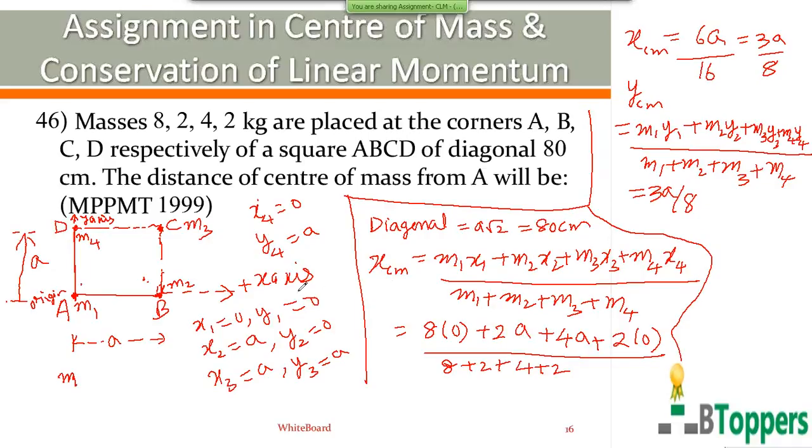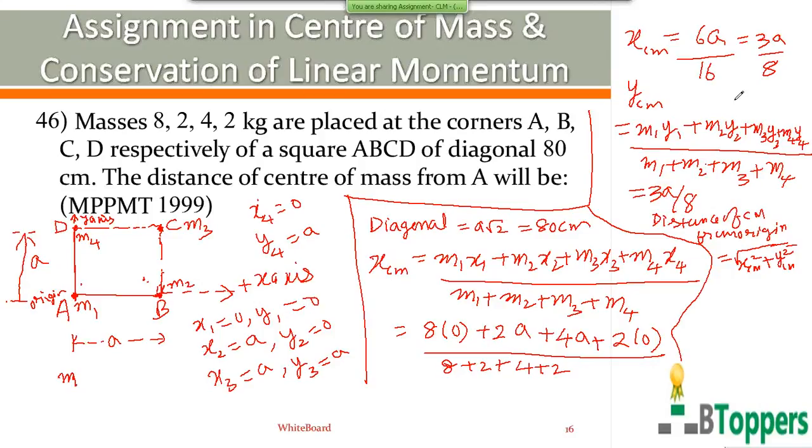So the distance of the center of mass from the origin, the origin being at the corner A, will be the square root of xcm squared plus ycm squared.